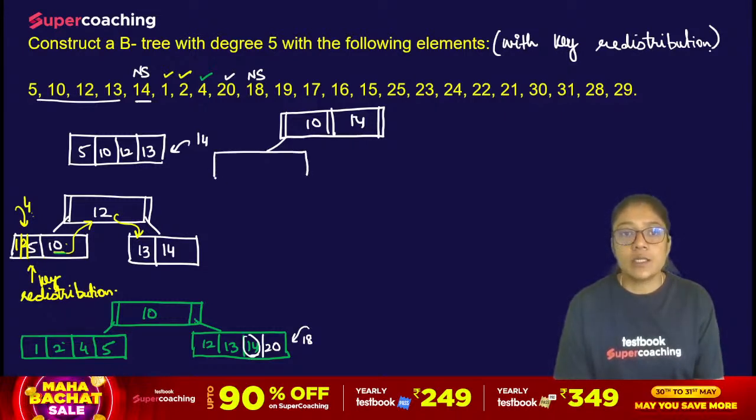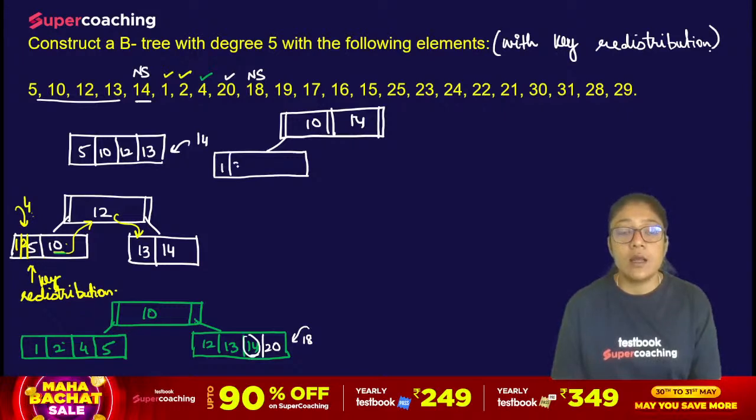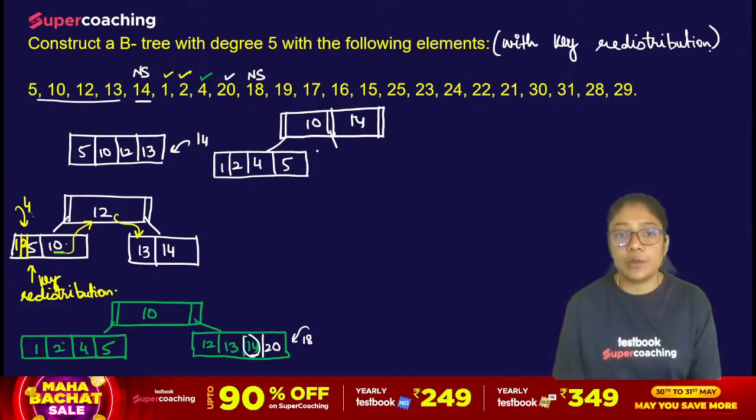So sometimes in the exam, they ask that what will be the resultant tree if we follow minimum number of node splitting, or in the numerical answer type, they may ask that what will be the minimum number of node splitting. So आपको exclusively नहीं बताया जाएगा कि आपको key redistribution concept use करना है. So minimum number of node splittings means automatically we will consider the concept of key redistribution.